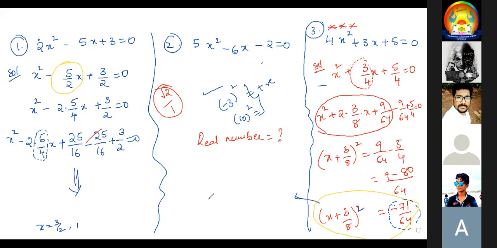That's why we are writing, please, I am repeating again, it is not no solution, it is no real solution. Please, I'm requesting everyone, don't write no solution. We are professionals now. We are studying +1, +2. Within 2 years we are going to write a nationwide competitive exam. So we should be perfect in the wording. So saying there is no solution is a wrong word. There is no real solution.